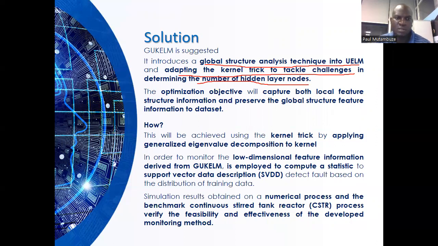And how is it going to achieve this? By using the kernel trick and by applying a generalized eigenvalue decomposition to the kernel. Then, in order to monitor the low dimensional feature information derived from the GUKELM, it is going to be employed to compute the statistics to detect the fault based on the distribution of the training data.